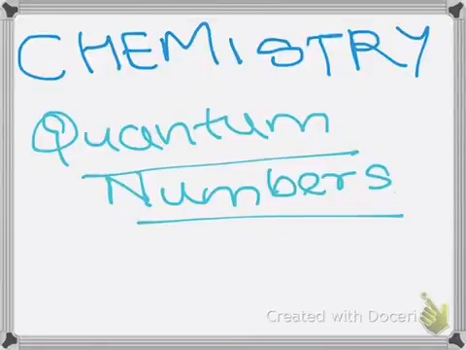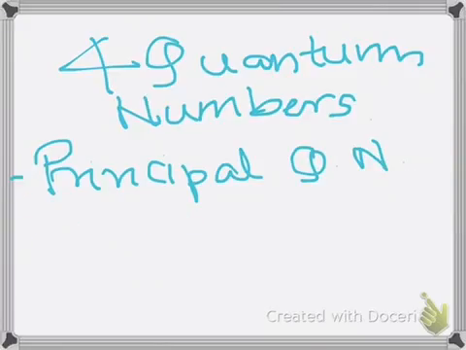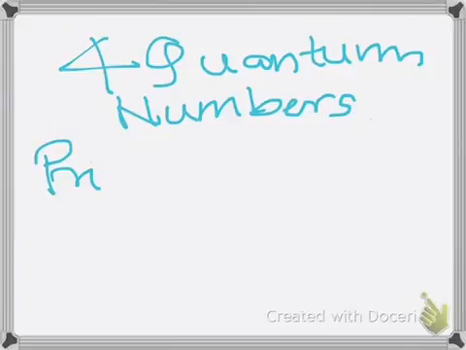Today we are going to start quantum numbers in chemistry. So what are quantum numbers? Quantum numbers are basically the numbers which tell us everything we need to know about an electron.